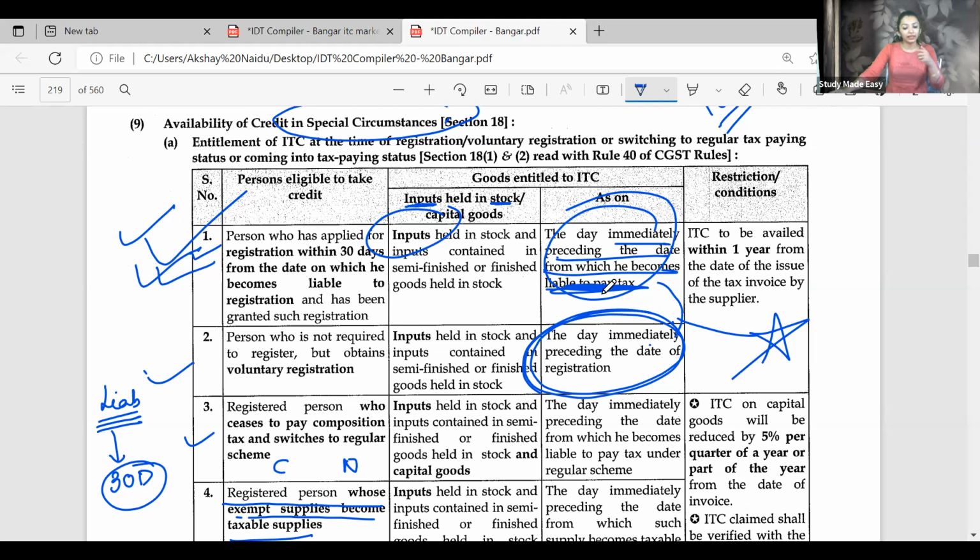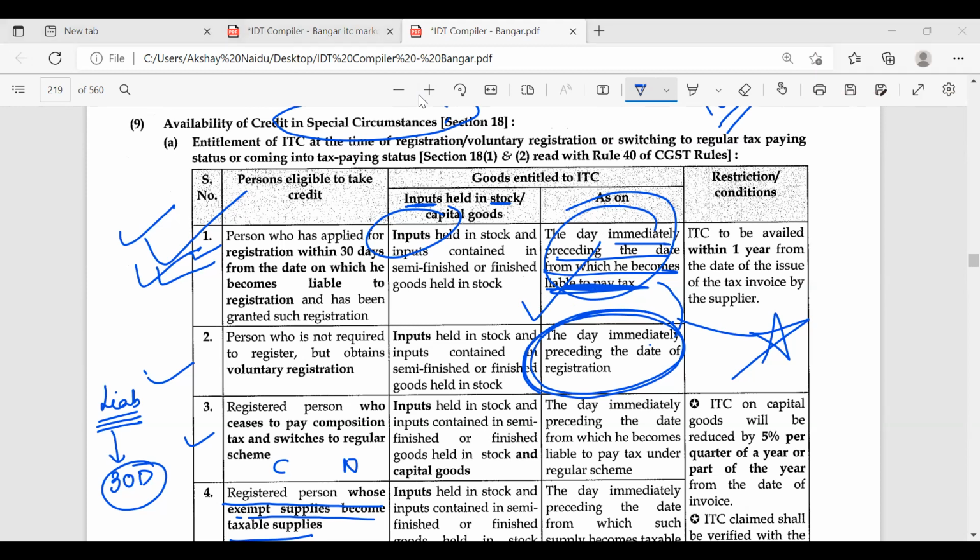Immediately preceding the date of registration and here immediately preceding the liability. Remember, registration is granted after 30 days, that is the date of registration. And if it is within 30 days, then it is the date of liability to tax. Now read this whole concept. It is easy for you.